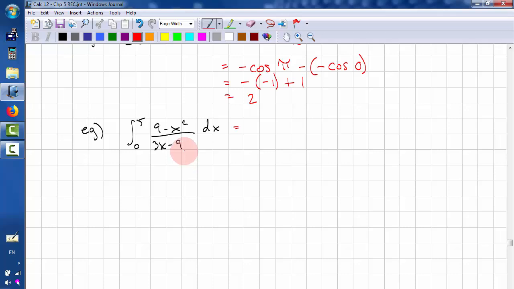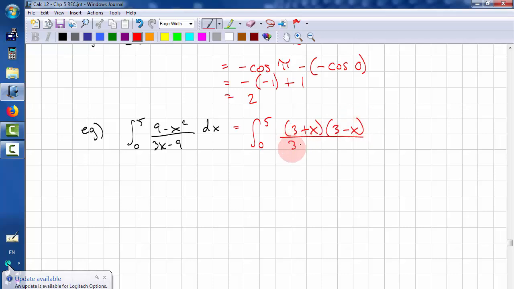Okay, let's look at another one. This is a little harder to integrate, but when we see something like this, we should try to factor. So integral from 0 to 5, and we have 3 plus x, 3 minus x, all over 3, factor 3 out, x minus 3.